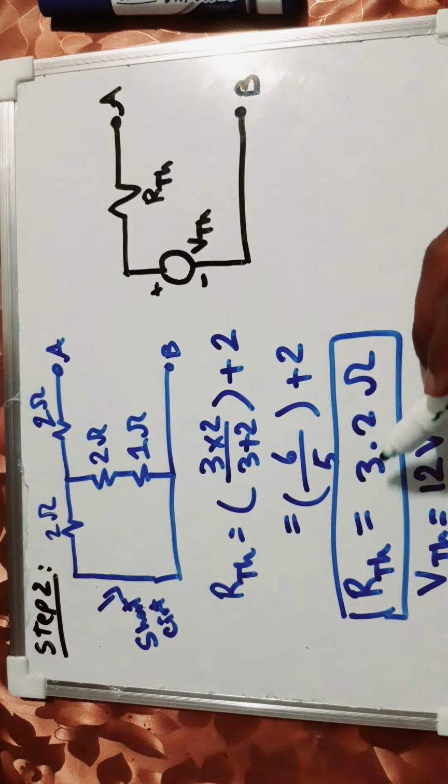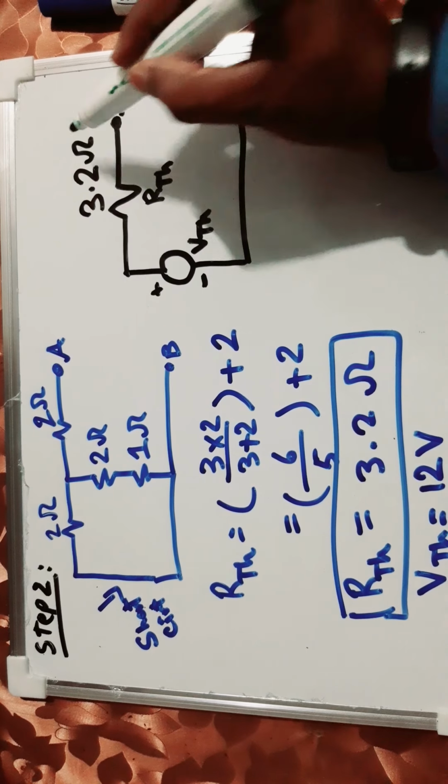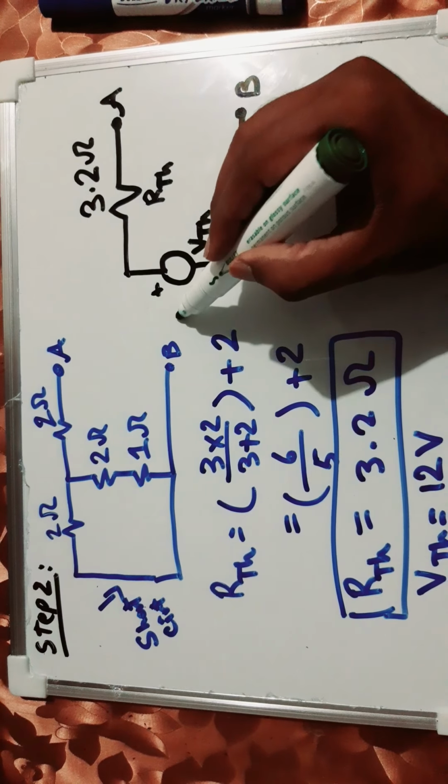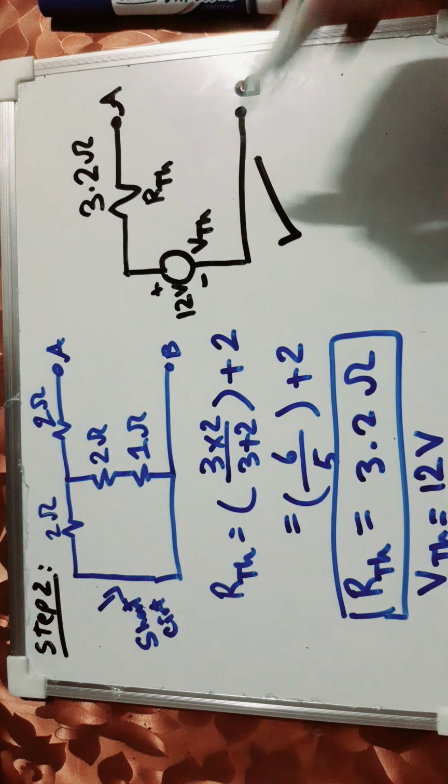So what is this? 3.2 ohm, and what is the voltage? 12 volt. So this is the simple.